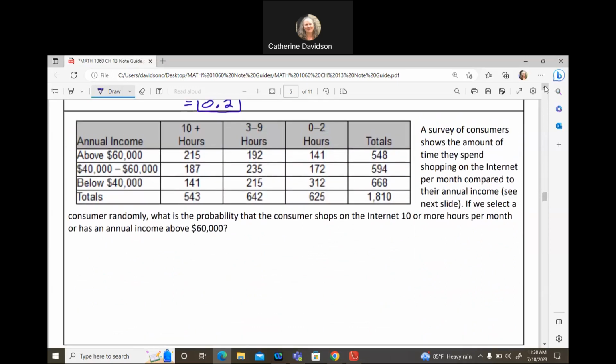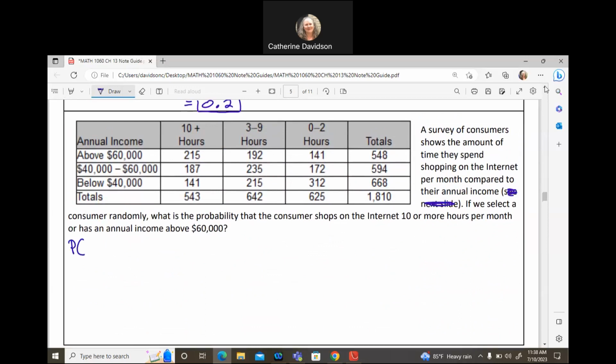A survey of consumers shows the amount of time spent shopping on the internet per month compared to their annual income. It says see next slide. That's just the chart. If we select a consumer randomly, what is the probability the consumer shops on the internet 10 or more hours per month or has an annual income above 60,000?